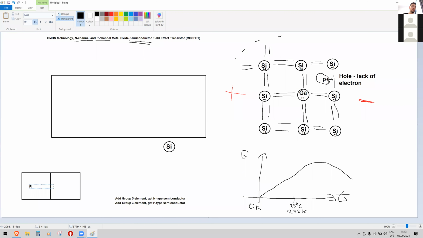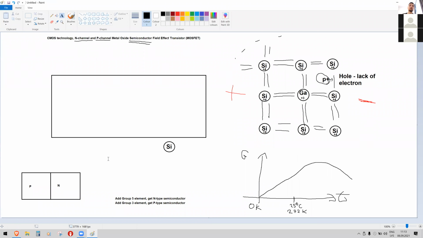Here's, for example, P, and here is N-type material. You can do it, for example, by injecting gallium from one end and phosphorus from the other end, and then when they diffuse, you'll get half of this thing as P and the other half as N. But basically, you can construct a material where you have P and N side by side.